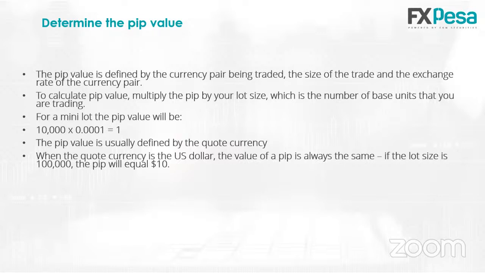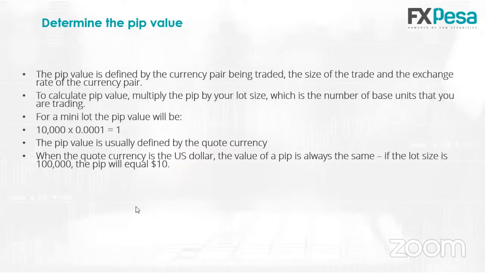Yeah. So to calculate the pip value, you simply multiply a pip by the lot size. And in this case, you're assuming it's a currency pair where the quote currency is dollars. So for example, if I'm doing a mini lot, that means I'm buying 10,000 units.